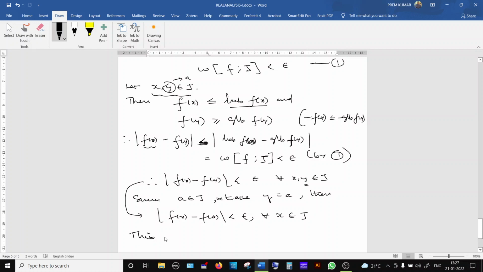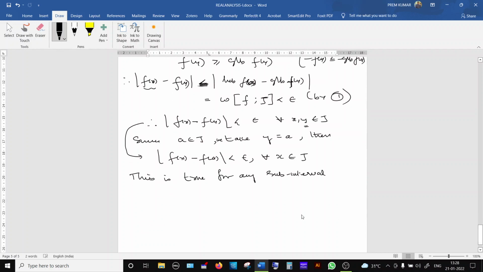And this result is true for any subinterval, which is a subset of J. You can see the definition of this J, any subinterval.